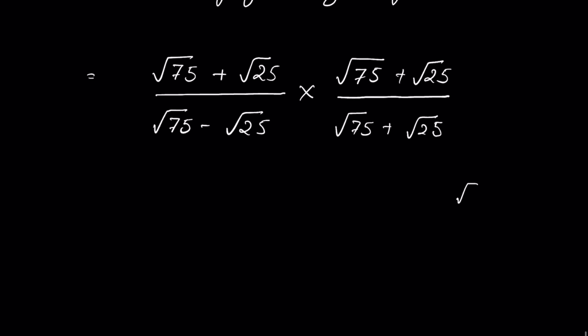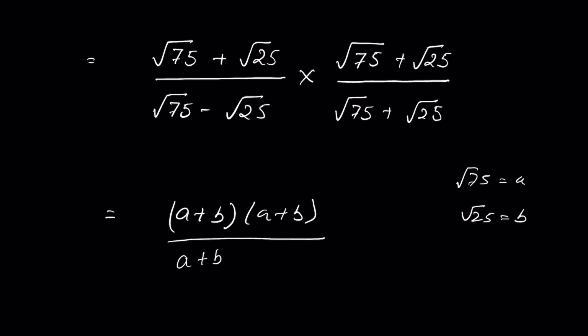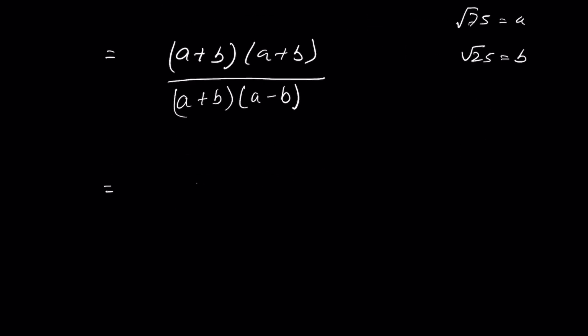Now if √75 is a and √25 is b, then the numerator is in the form of (a + b) times (a + b), and in the denominator (a + b) times (a − b). So the numerator has (a + b) whole square, and the denominator is in the form of a difference of squares, so a² − b².